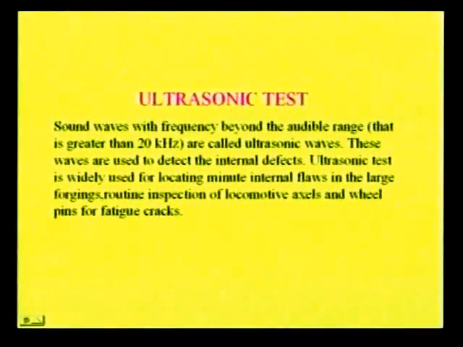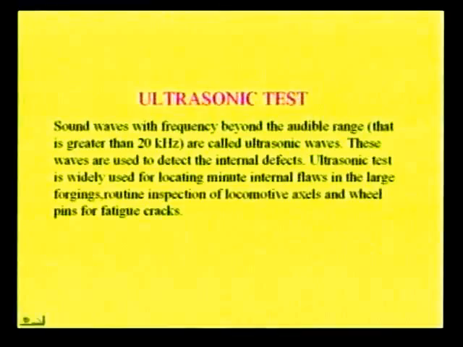Ultrasonic test. Sound waves with frequency beyond the audible range, that is greater than 20 kHz, are called ultrasonic waves. There are two types: infrasonics and ultrasonics. Infrasonics means the sound frequency is less than 20 Hz, and ultrasonics means the frequency is more than 20,000 Hz or 20 kHz.